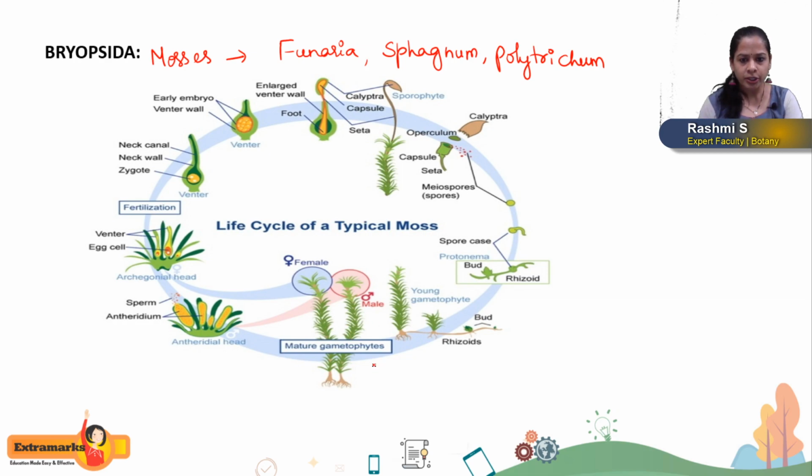The gametophytic plant body is haploid, and you can see the development of both male and female reproductive structures on the same plant. So I told you mosses are generally homothallic.